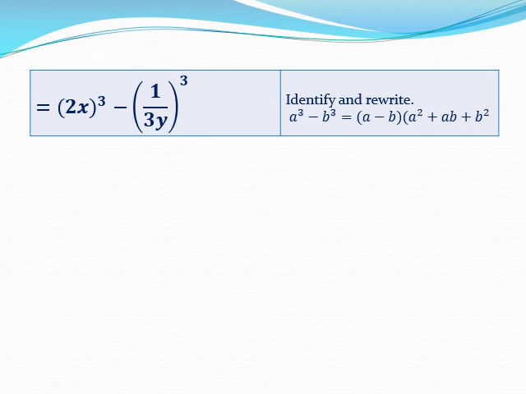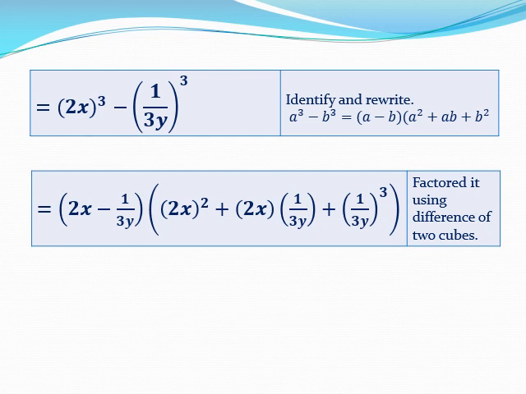Now we are going to factorize it by using difference of cubes, because here is a cube minus b cube: first term cube minus second term cube. You can take it that 2x is equal to a and b is equal to 1 over 3y. So in this formula, just replace a with 2x and b with 1 over 3y.